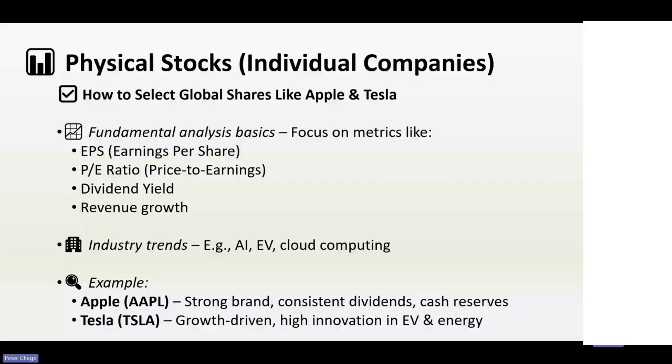The other one is the PE ratio, that is the price to earning ratio. It shows you how much investors are willing to pay for each dollar of earnings. A low PE, that is a low price to earning ratio, may mean that the stock is undervalued. And a high PE could mean it is overvalued.